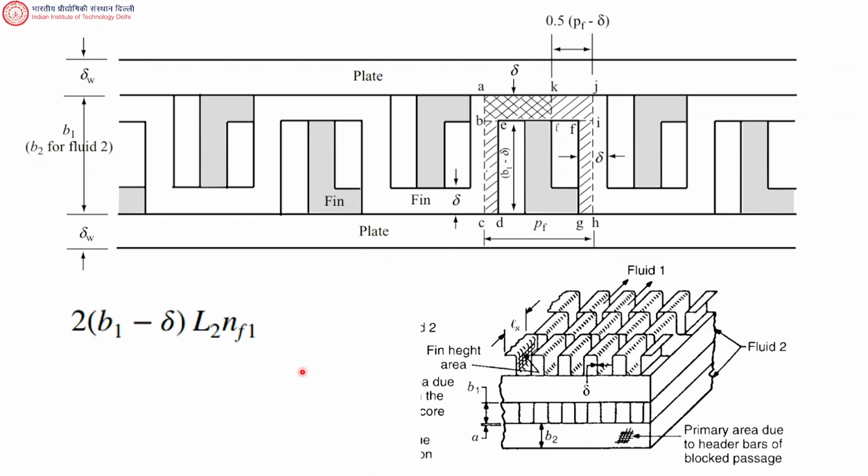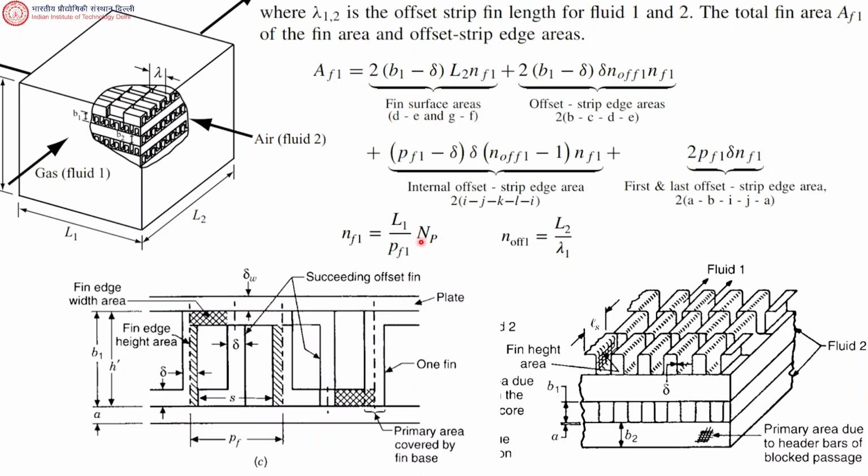Okay. In this layer, the number of fins is NF1. How do we get that? How do we get NF1? NF1 is actually this L1 divided by the pitch of the fins for fluid 1, right? So that is like saying you get the total length L1, divide that by fin pitch, then you will get the number, right?